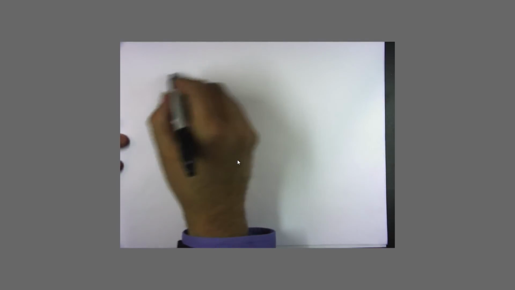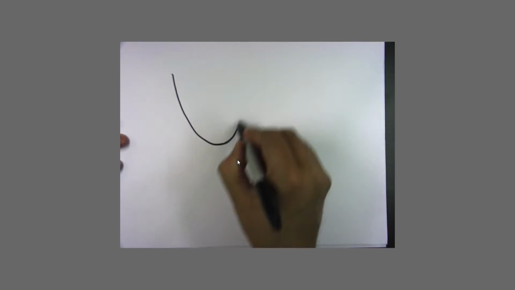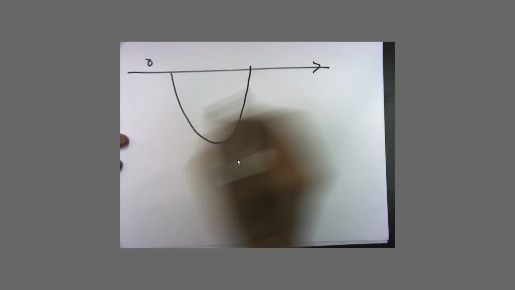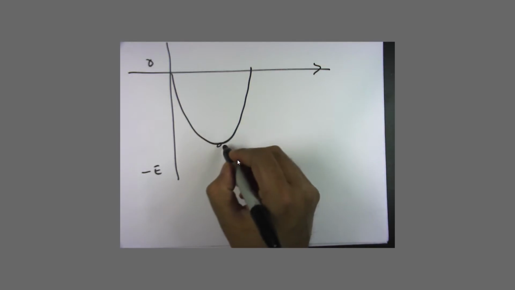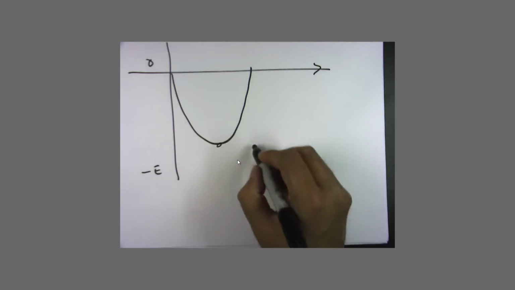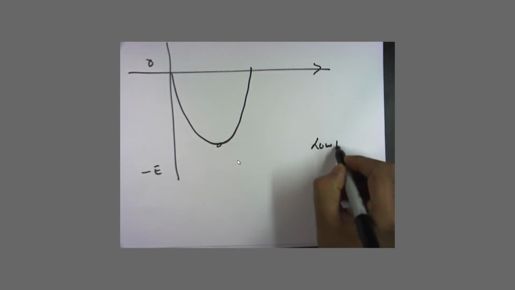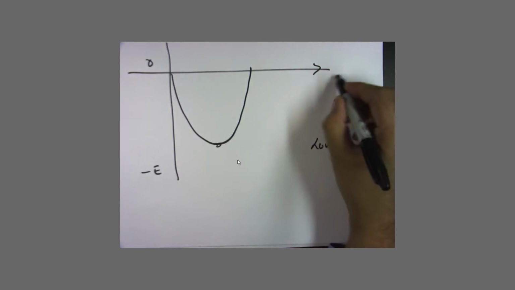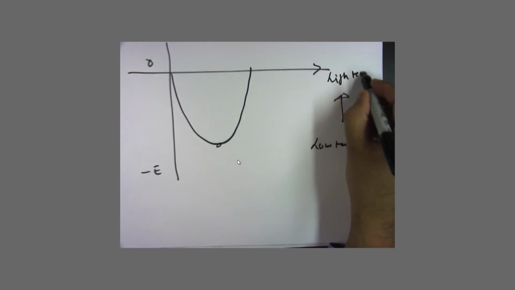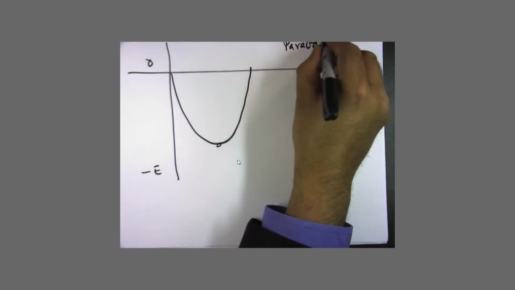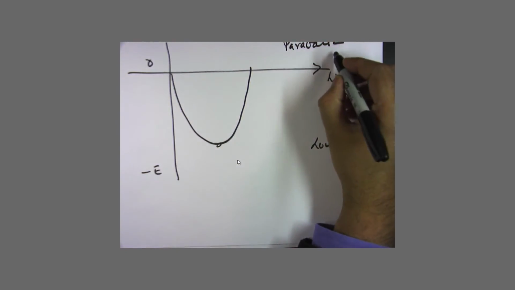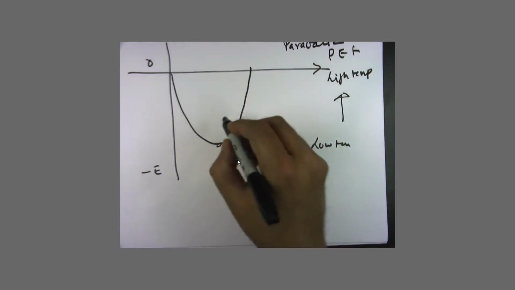You now understand the whole phenomenon: this is the potential well, this is the 0 level and this is negative E. At the bottom it is low temperature, and as we move forward it is high temperature, and I am looking at a parabolic potential energy function represented here.